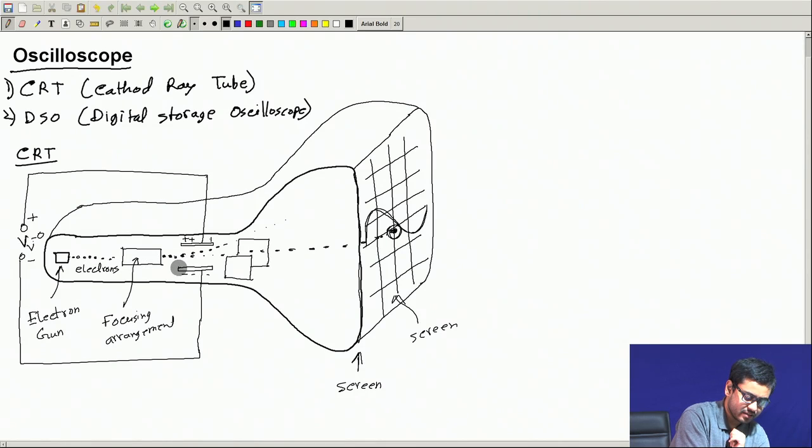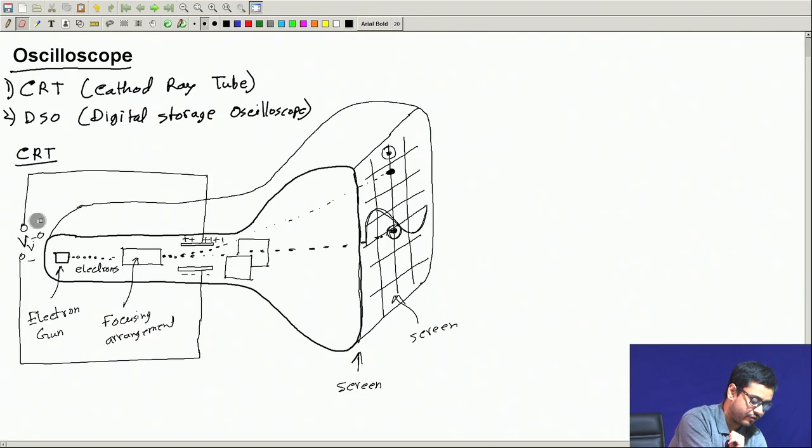Now, if you apply this voltage, then the path of the electron is diverted, and instead of going straight, it takes a diversion and it will hit maybe this point on the screen. So, you will have a bright spot on the screen here. Okay. And if you make this more positive by applying a higher voltage, then it will take more diversion, it will go further up and the bright spot will come further up.